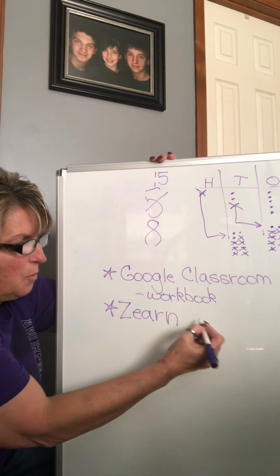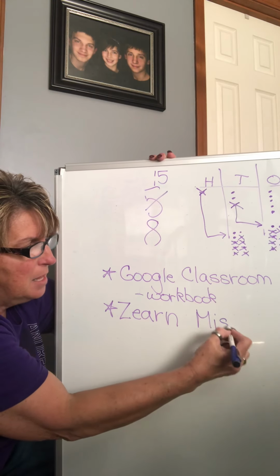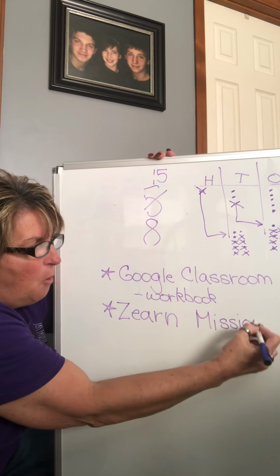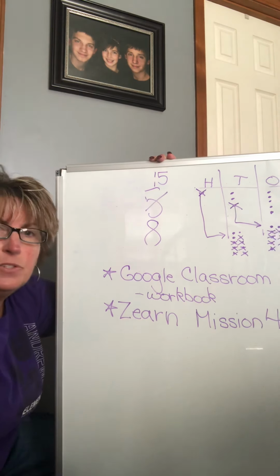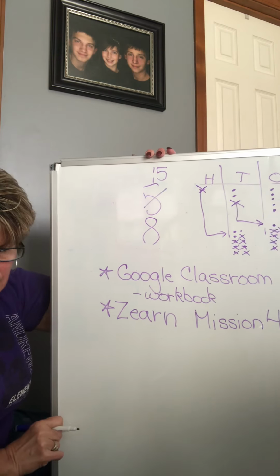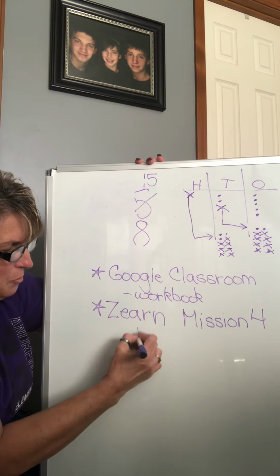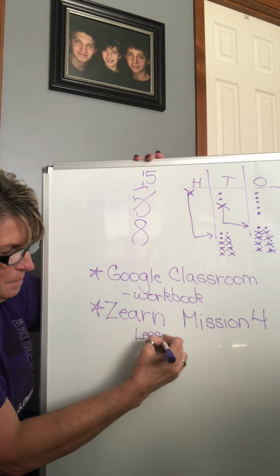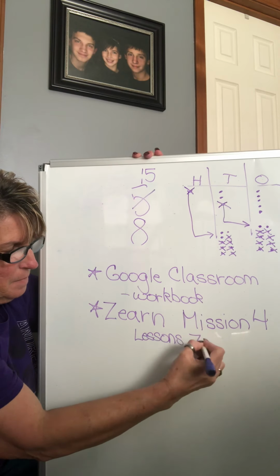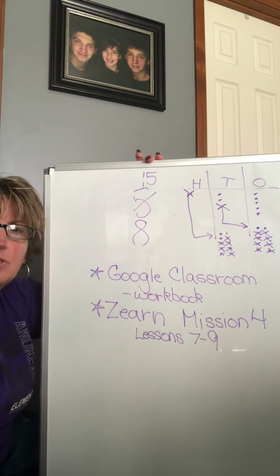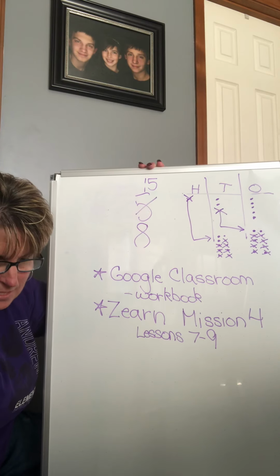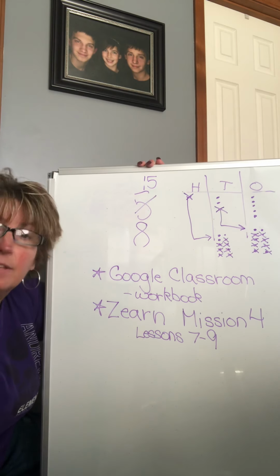And you're going to do mission 4 in Zern. And you are going to do lessons 7 through 9. And then the last thing you need to do is your fluency.